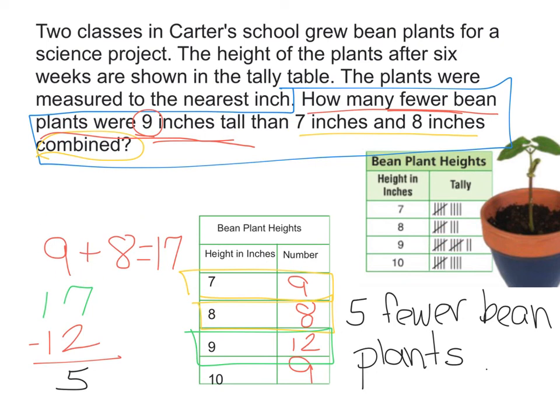Then we subtracted the number of 9-inch plants from the total of the 7 and 8-inch plants. Why do you think we chose this strategy? Well, we wanted to show numbers instead of tally marks because comparing numbers is easier than comparing tally marks.